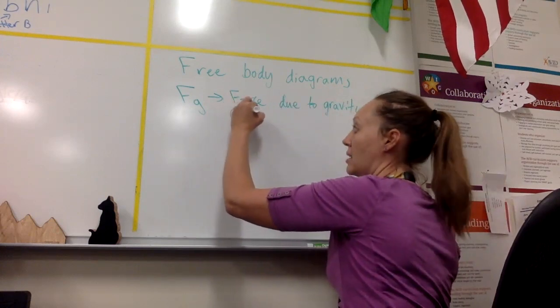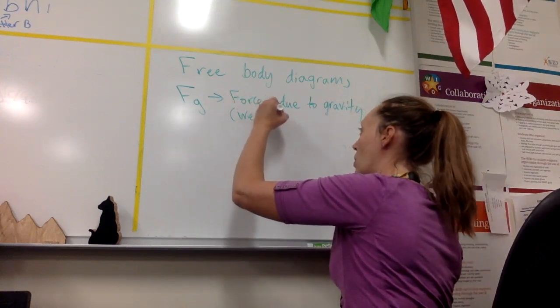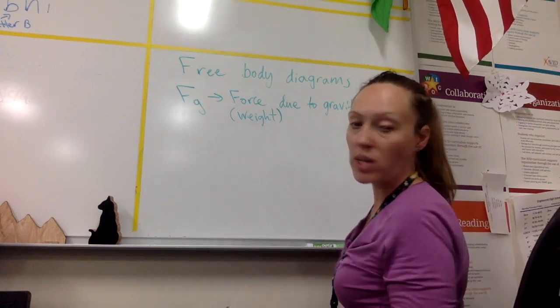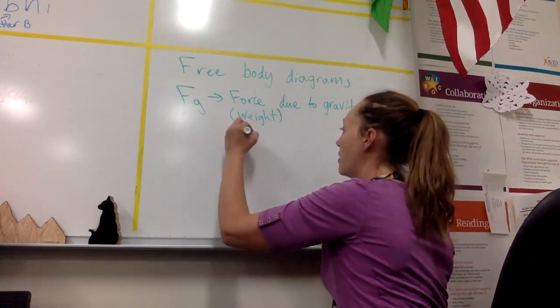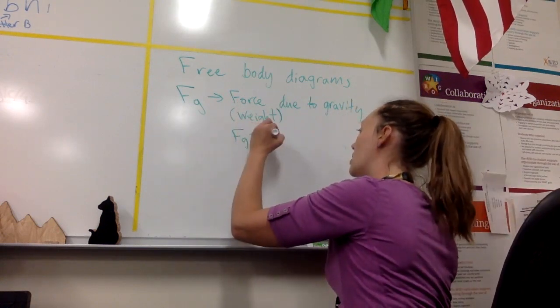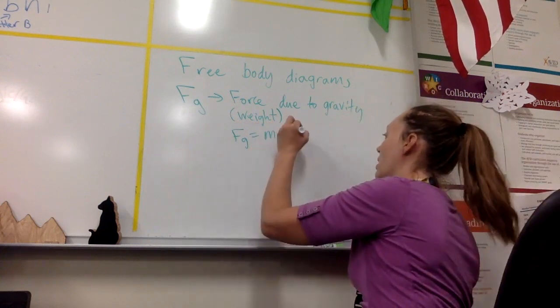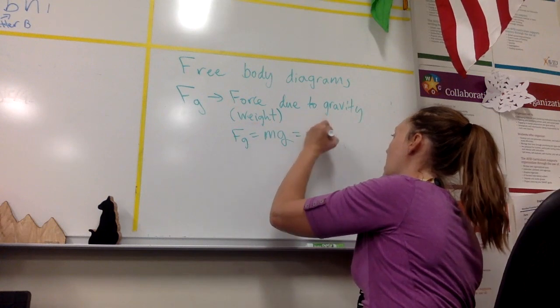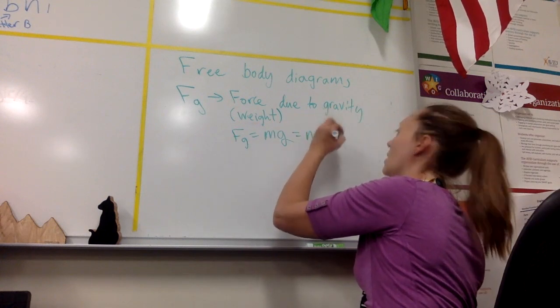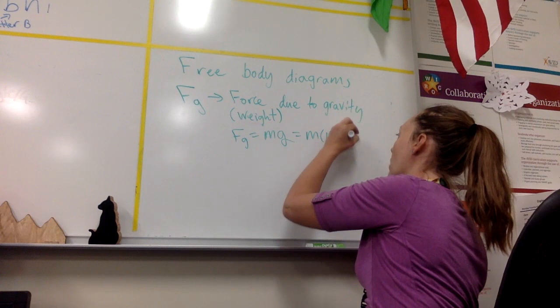This is the weight. And you guys know an equation for that: Fg equals mass times gravity, or mass times this 10 meters per second squared.